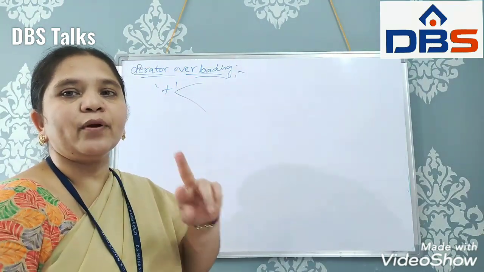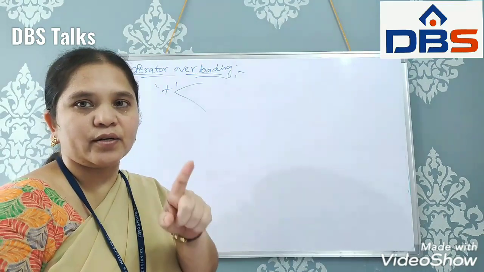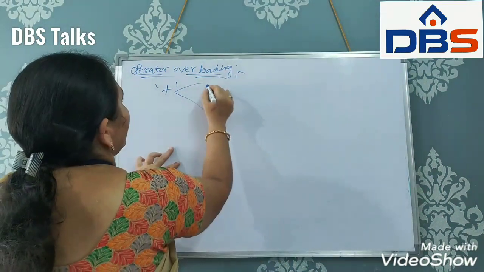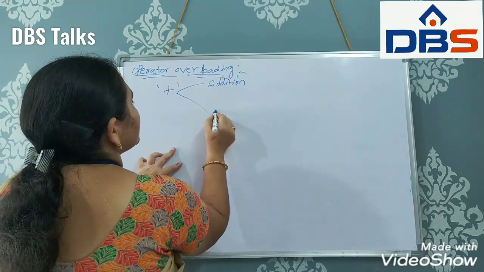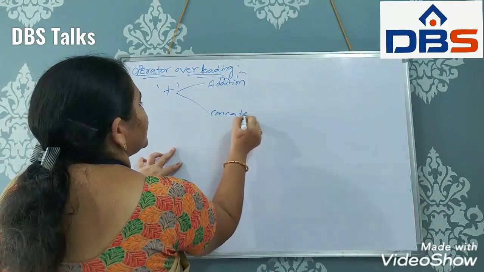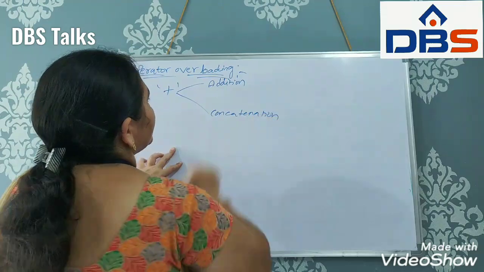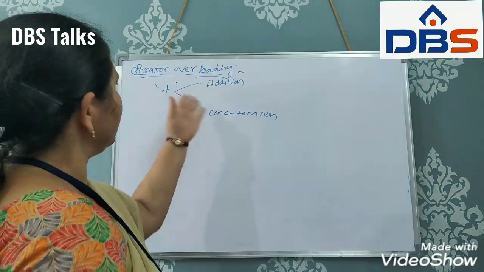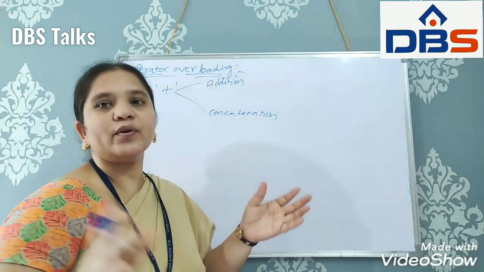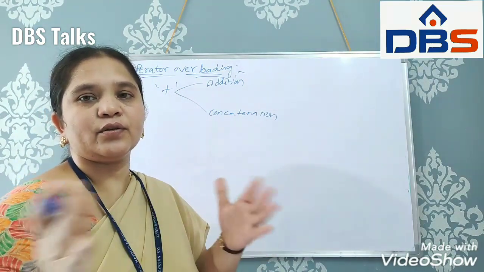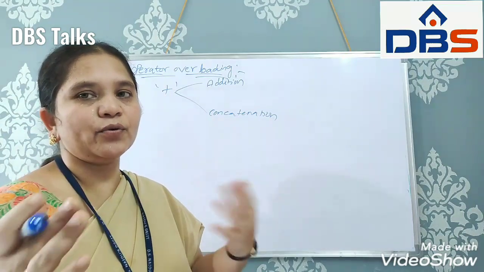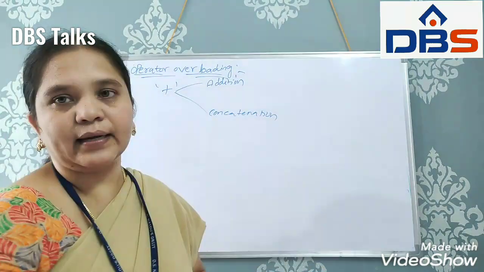This operator can perform two different types of functions. One is addition, and the second one is concatenation. Addition means sum. Concatenation means we can append, we can join two strings to create a new string. That is called concatenation.